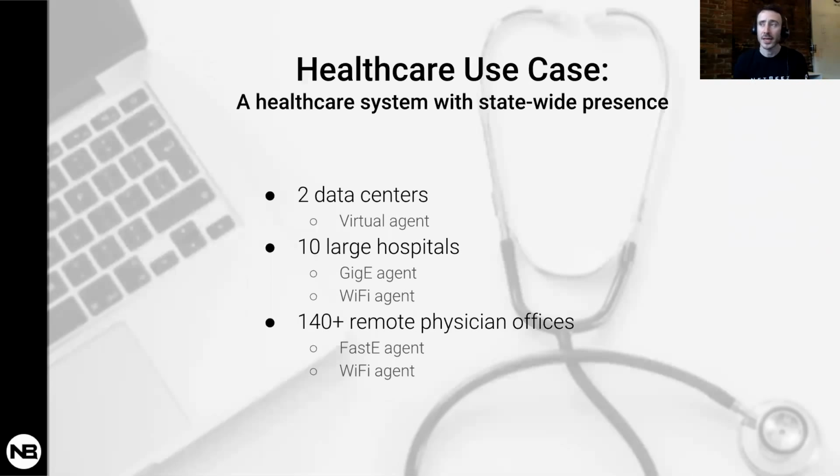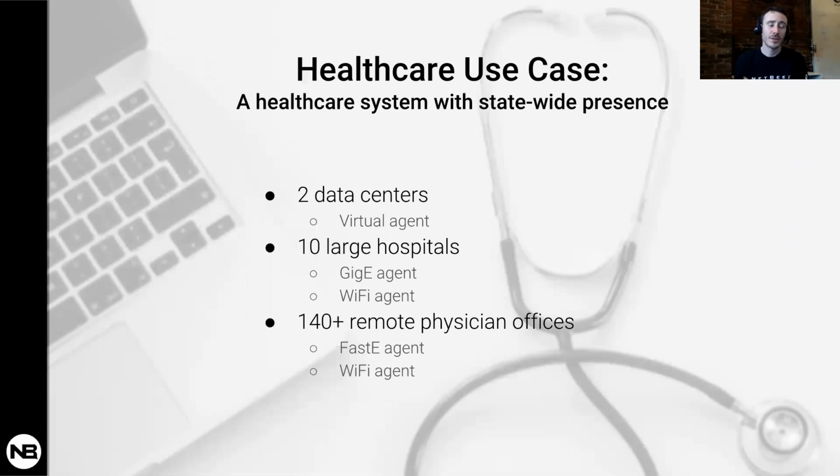There are a lot of areas like emergency rooms, operating rooms, or ICUs where a lot of equipment is wirelessly connected because of the nature of the business. So in that case, we would recommend installing a gigabit agent along with many Wi-Fi agents in multiple strategic areas.